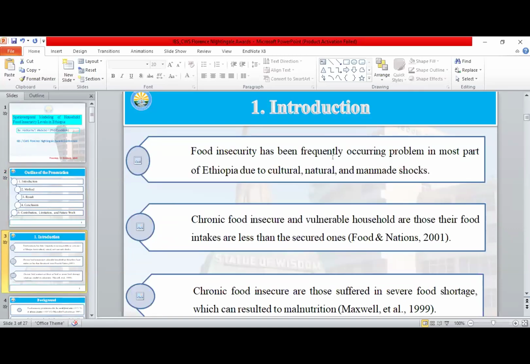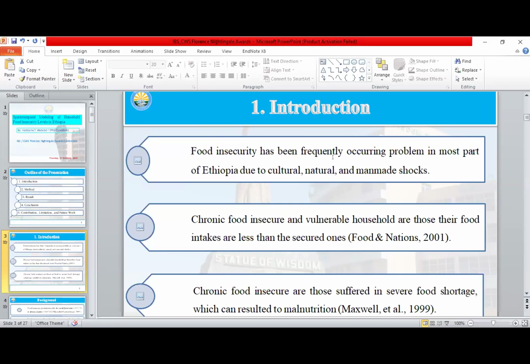When it comes to the introduction, food insecurity has been a frequently occurring problem in most parts of Ethiopia due to culture, natural and man-made shocks. The problems are chronic food insecurity and vulnerability.